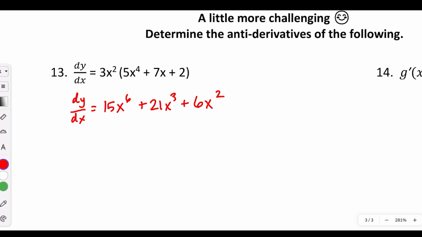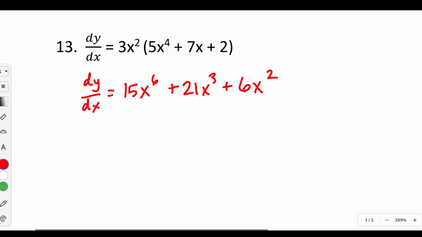Okay. So I haven't actually found the antiderivative yet. I'm just rewriting the derivative. Yeah. And then we do each one separately. That's right. So now let's find the antiderivative of each one of these terms.